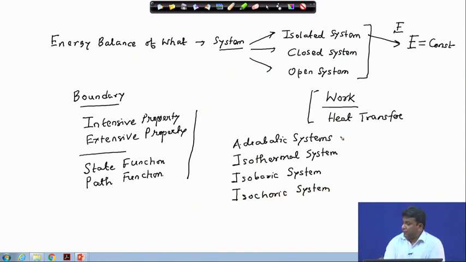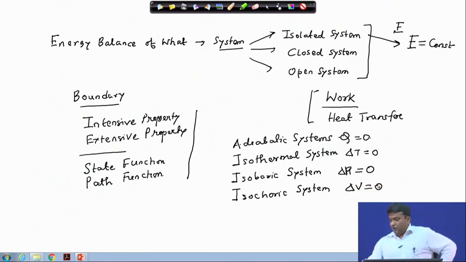Of course, we know adiabatic is Q equal to 0, isothermal system delta T is equal to 0, isobaric system delta P is equal to 0, and isochoric system there is no change in volume.